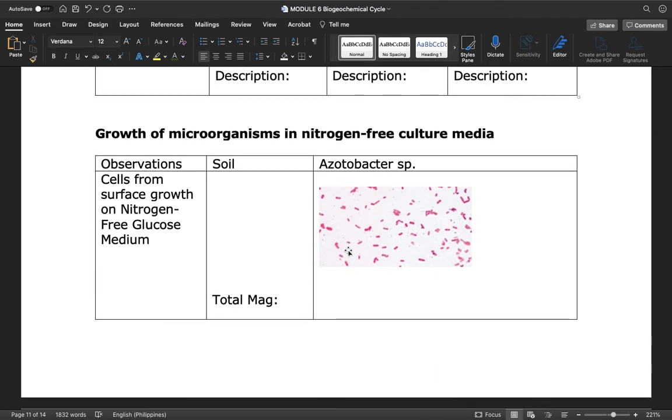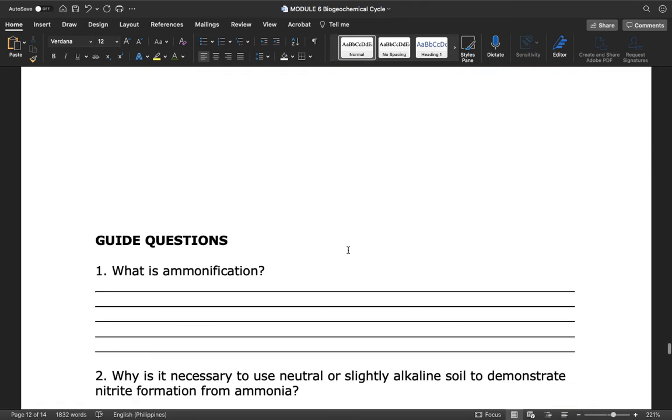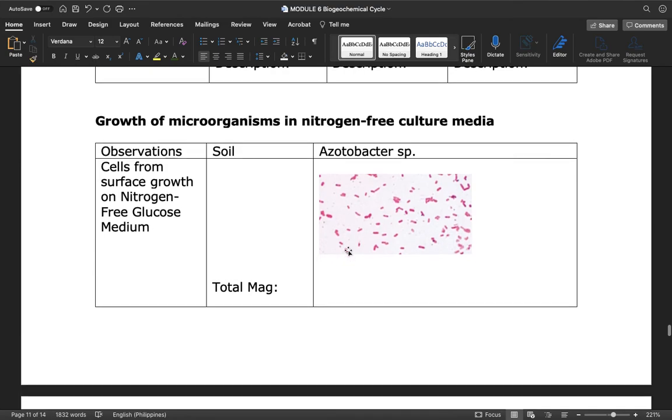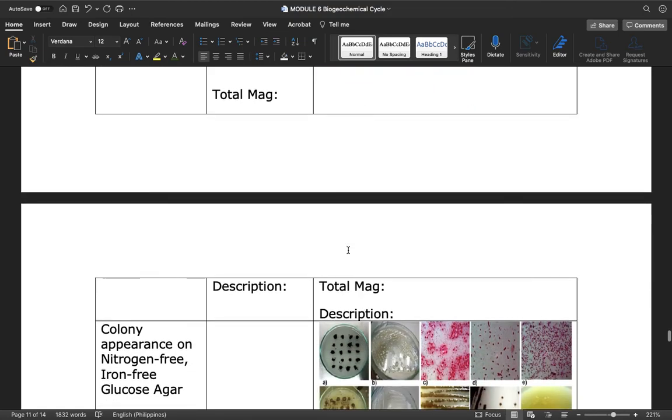And then lastly, growth of microorganisms in nitrogen-free culture media. So ito naman yung ating free living. No? As one example of our free living bacteria capable of carrying out nitrogen fixation is Azotobacter. That's one example. It's a gram-negative microbe. And then we can, of course, just provide the description of the cells.